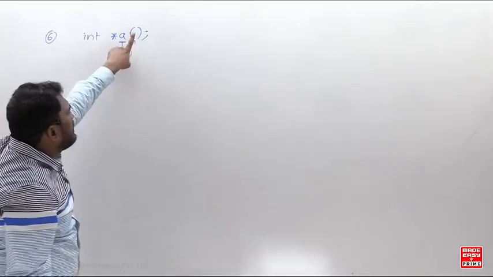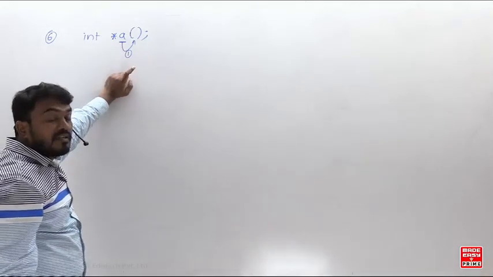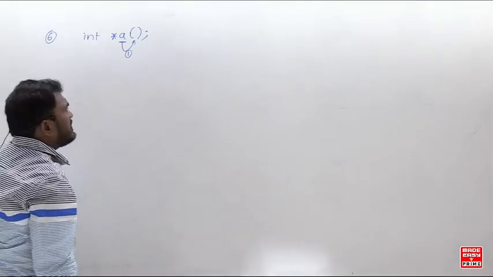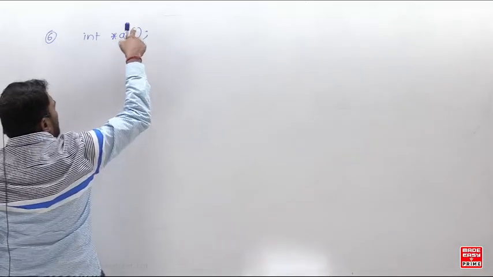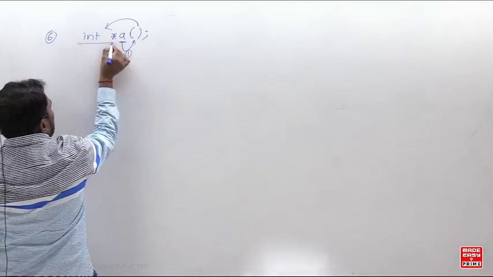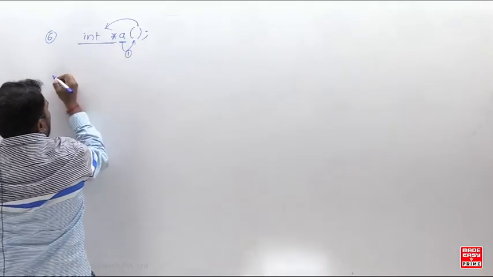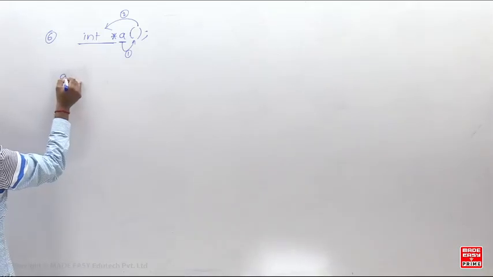No, it is not taking any arguments. A function means returning something. So it's returning what? Int star. It means that is an integer pointer. It returns integer pointer. So note down.